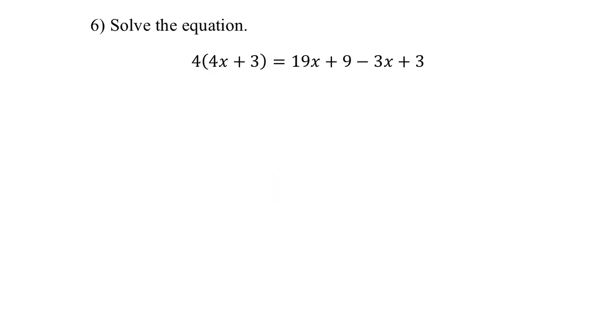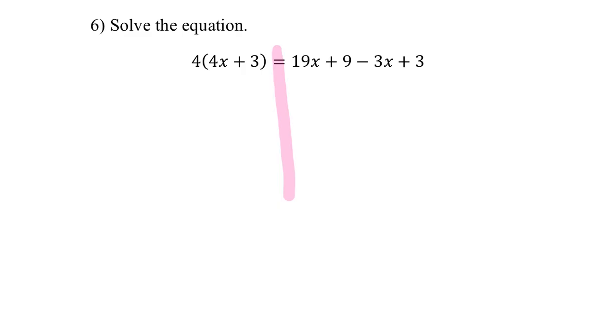All right, we're going to solve the equation. So we got people sketching it down. And when we go to solve this, what are we going to do first?